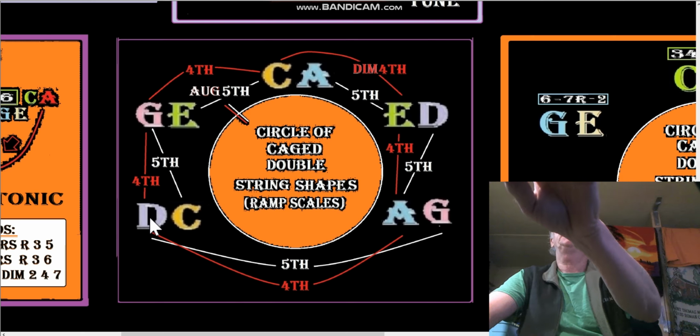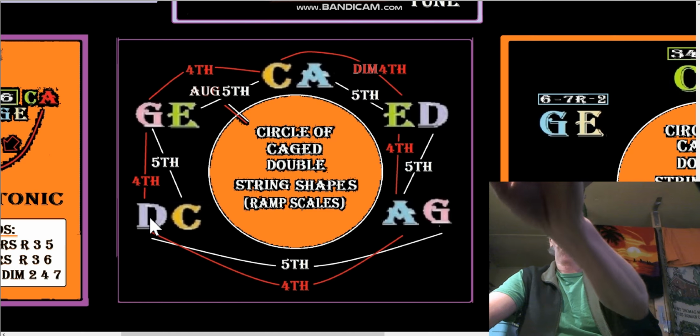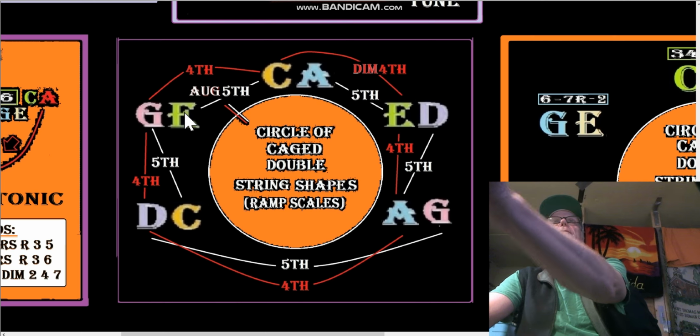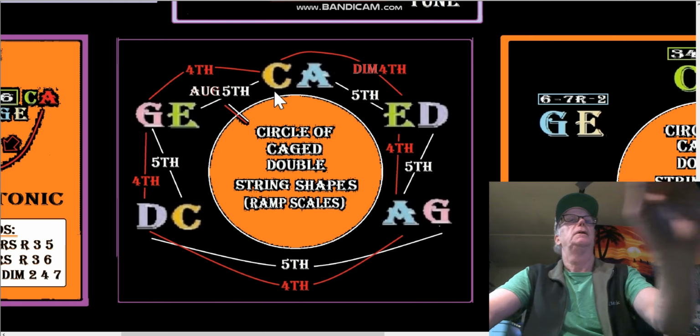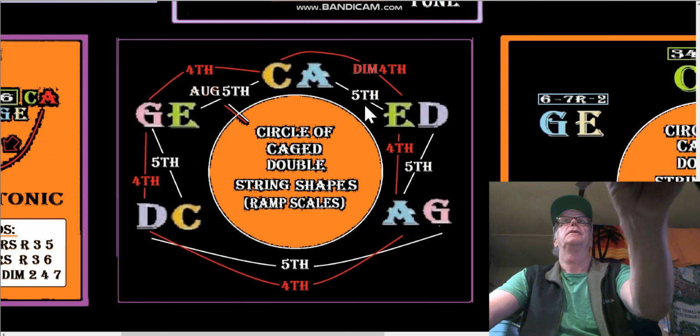Remember, C is 3, 4, 5, D is 2, 3, 4. Put them both together, you get 2, 3, 4, 5, 6, 7, root, 2, 3, 4, 5, 6.